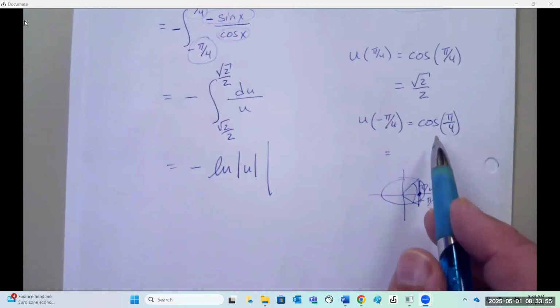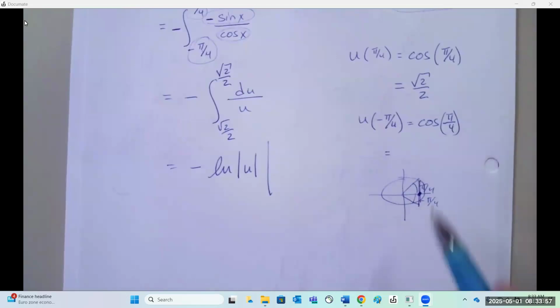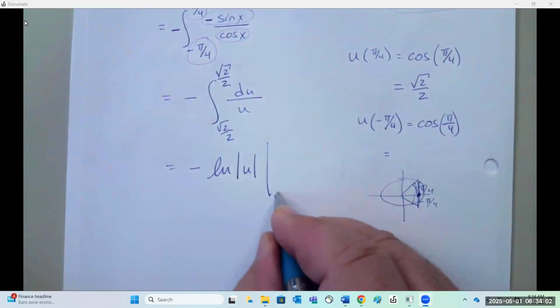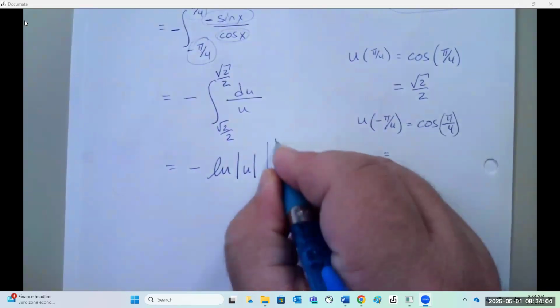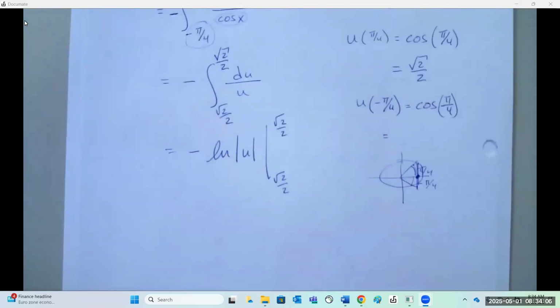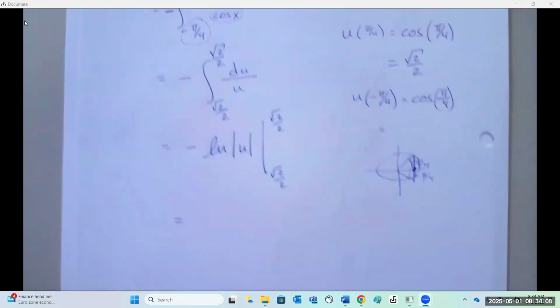Because cosine is an even function. So we're going from square root of 2 over 2 to square root of 2 over 2. If the bounds are the same, what's our area?